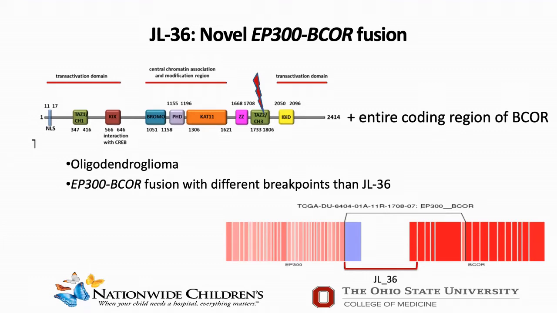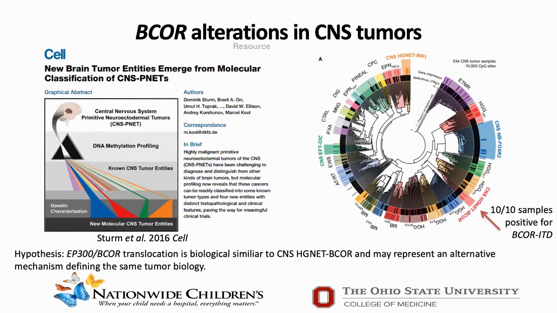So this remained a bit of a mystery in terms of what we might be able to do with the information. But at the time, we went forward to look further in the literature and identified this paper showing that a subset of 10 patients with CNS high-grade neuroepithelial tumors actually had an internal tandem duplication in BCOR.